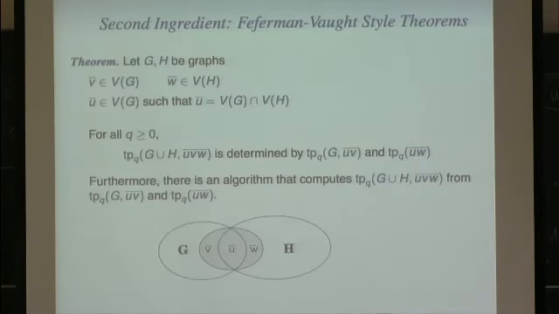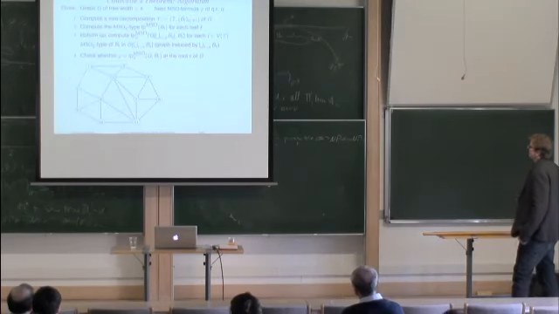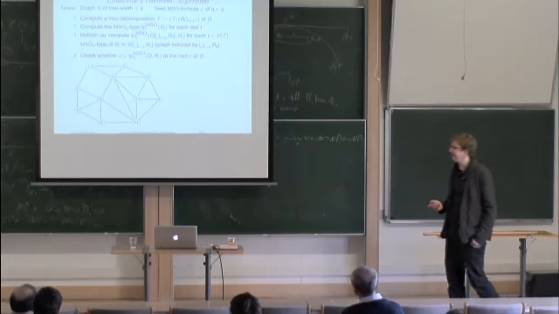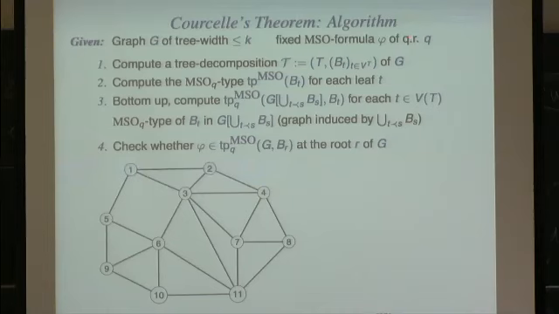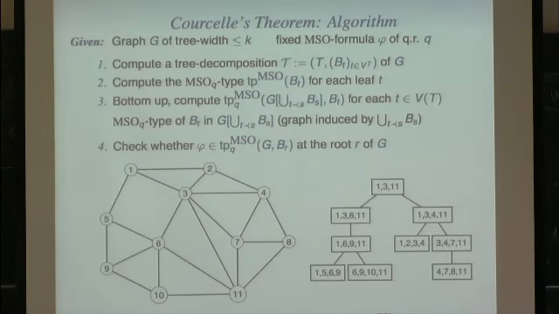The second ingredient is the one you've seen, that if you know the type of this tuple on the left-hand side, and on the right-hand side, we can combine it effectively into the type of the whole graph. And that's all we need to show the theorem. Basically, if you give me a graph of tree width at most k and a fixed MSO formula phi of quantifier rank q, the first thing I do is compute the tree decomposition of optimal width using Bodlaender's algorithm in linear time.